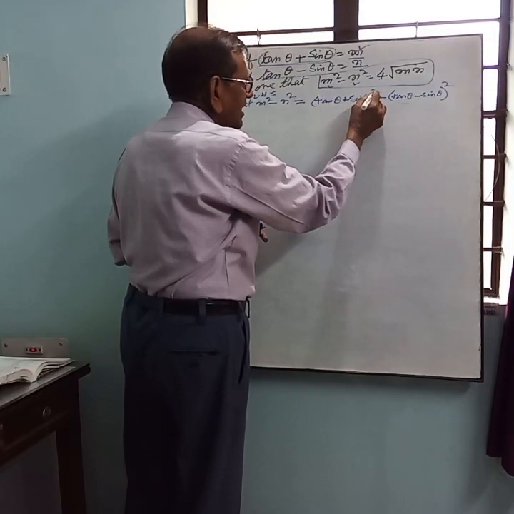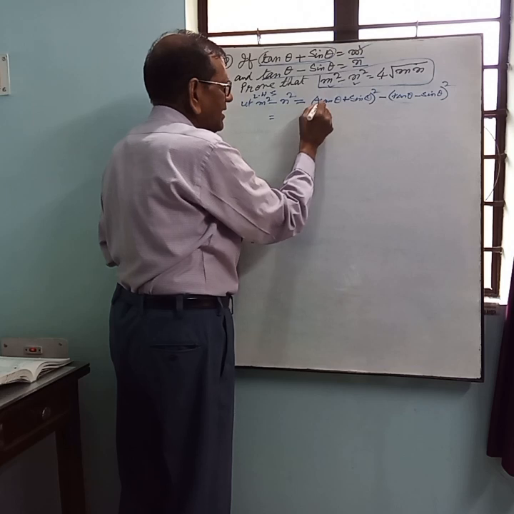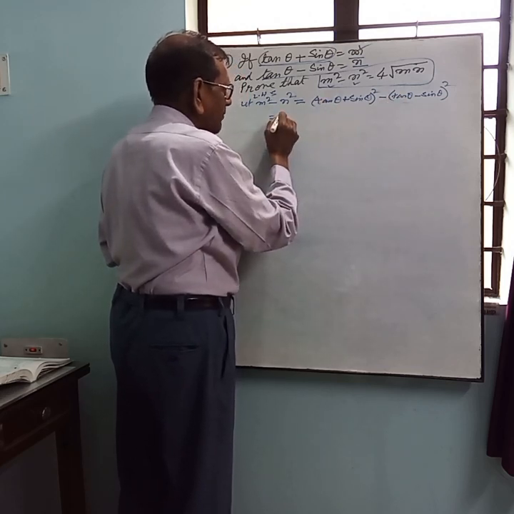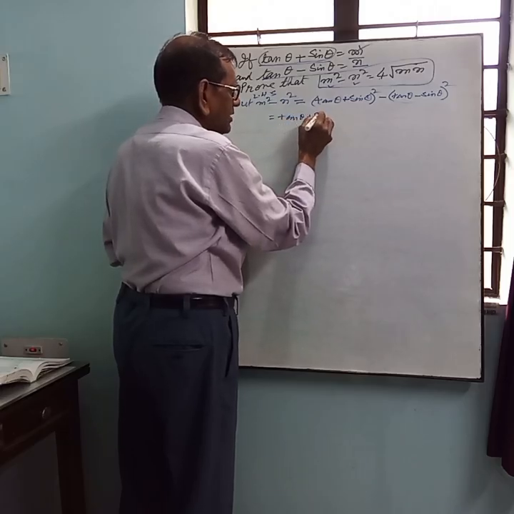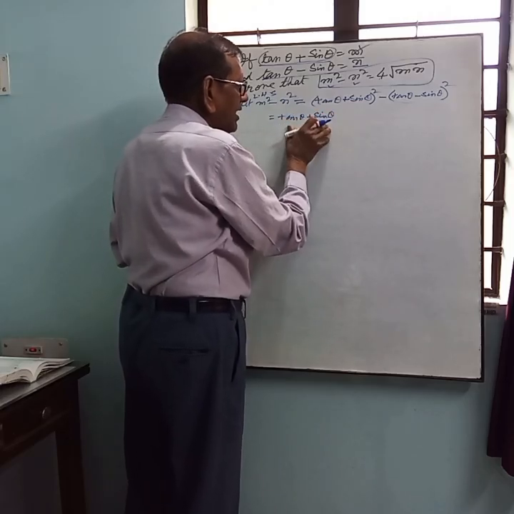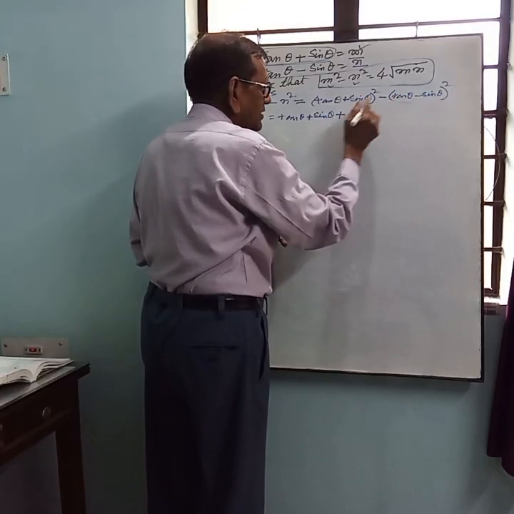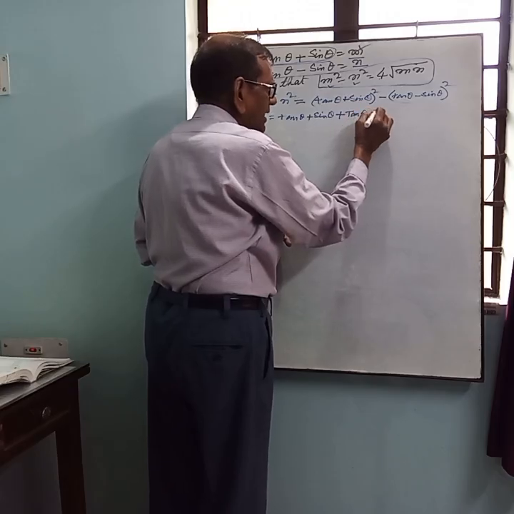Now here see a square minus b square. You can write here a plus b into a minus b. A plus b, tan theta plus sin theta, plus, will not require to change this sign, important. Tan theta minus sin theta.